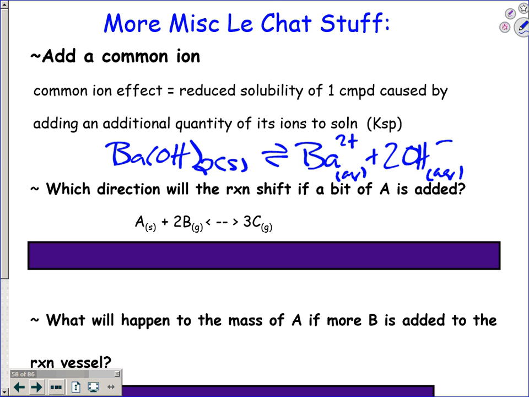So if I added potassium hydroxide, well, potassium ion's not in equilibrium, nobody cares, but this dissociates into OH minus ion. So essentially I've added a common ion, which is OH. What would it do to this equilibrium? Shift left, shift right, or no shift? It would shift left because I've increased the OH concentration by the common ion effect.